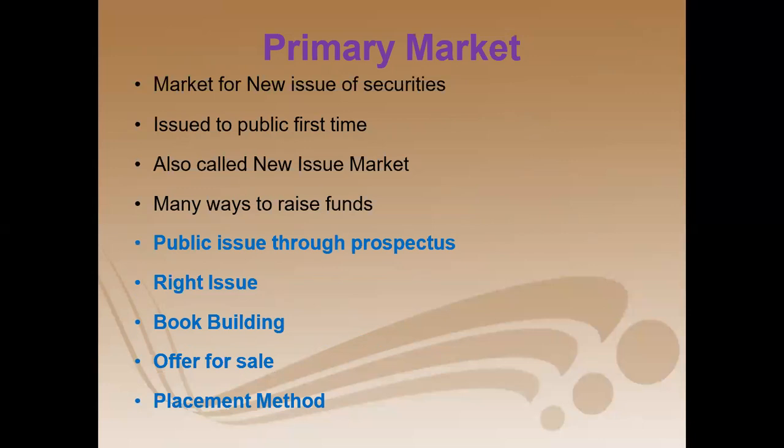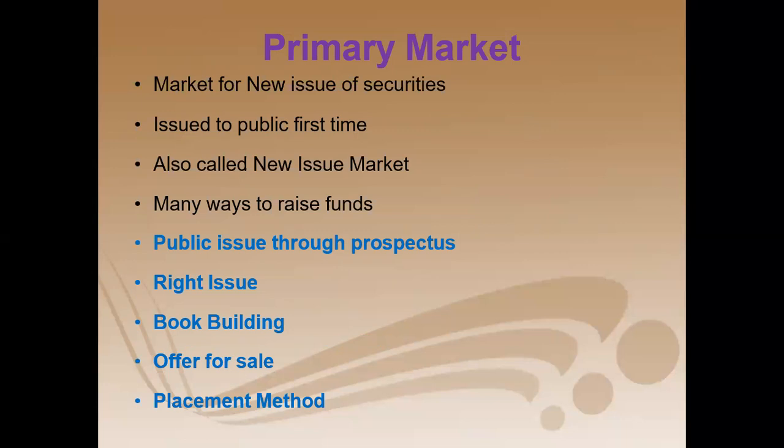Offer for sale, when the company issues shares to the merchant bank. And the last one is private placement, where the company issues shares to institutional investors. So in private placement, in place of selling shares to a particular individual, the company sells shares to an institution like your LIC, like your bank.